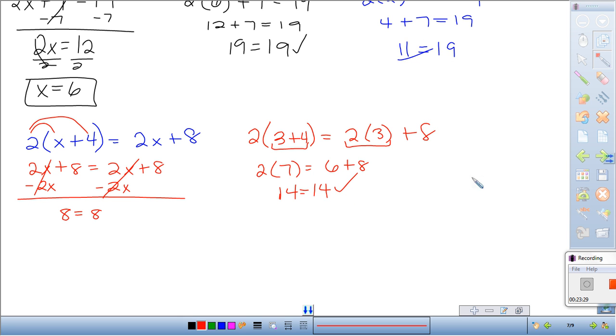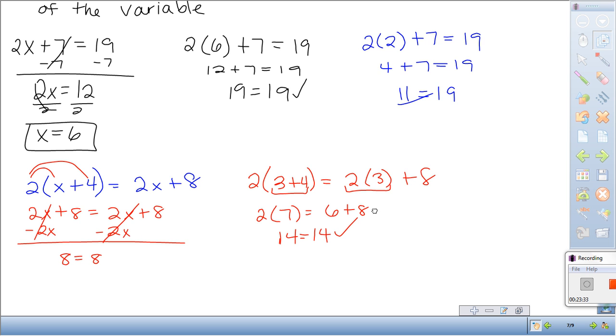Remember what happened up here when we just tried some random number? We got 11 equals 19, which is so not true. But with an identity, any random number you pick will work to make the left side equal the right side. That's what's special about an identity. So again, for just any old regular equation, you'll end up with something like x equals 6 or y equals 15 or whatever.